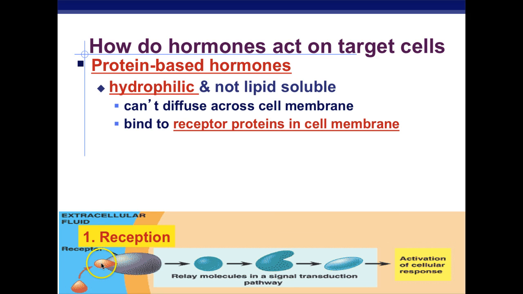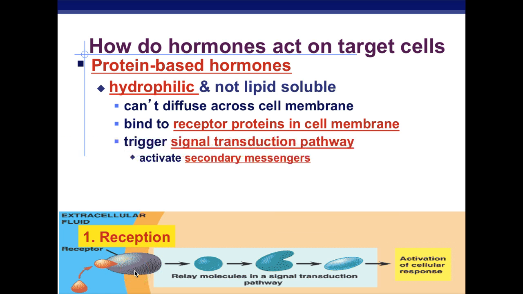So if we look down here, we can see reception of that signaling molecule. So here's our protein hormone, and here's the receptor protein that's on the surface of our cell. And then what happens is when the signaling molecule attaches to this protein on the surface, it activates a series of internal proteins, which is known as a transduction pathway. Think of it as a game of telephone. So the message gets sent to the initial receptor.